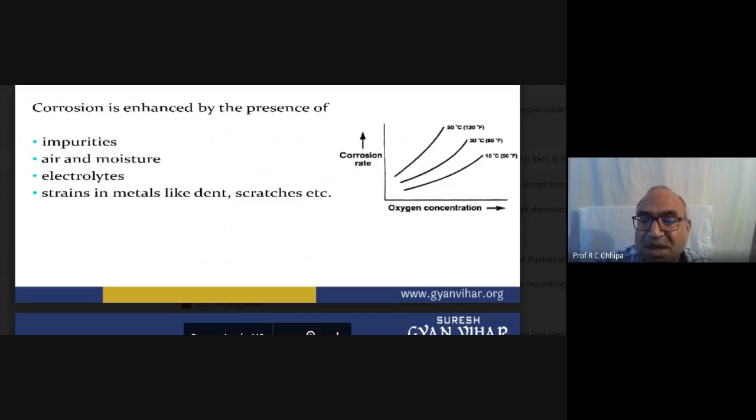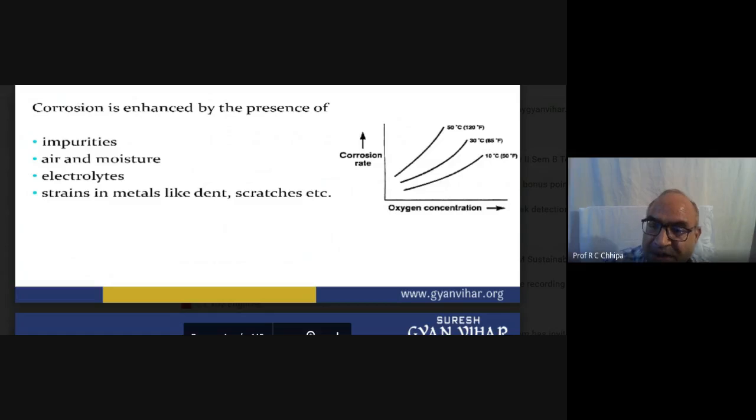We have to see the geography of India, where Mumbai is situated on the Arabian Sea, and Chennai on the Bay of Bengal. In these sea areas where a number of cities are nearby, the electrolyte is present in the atmosphere and in the water itself. Most sea water has more and more electrolyte.